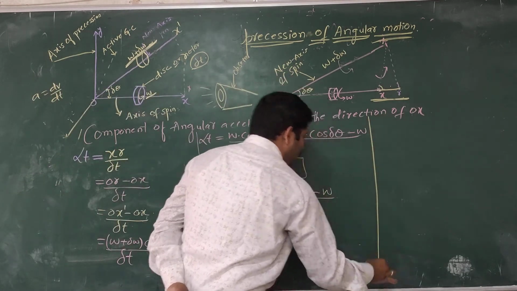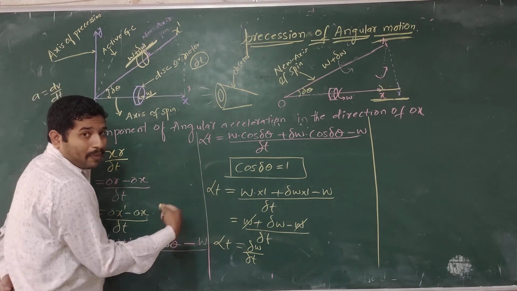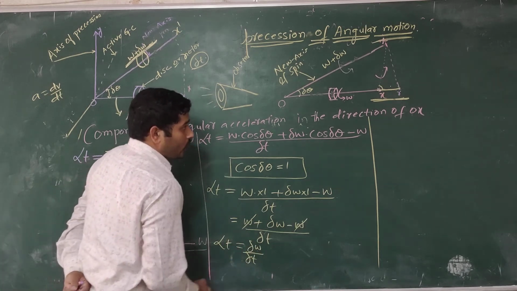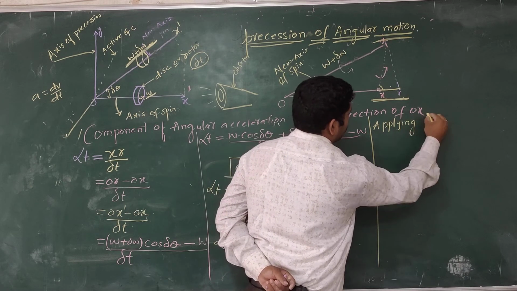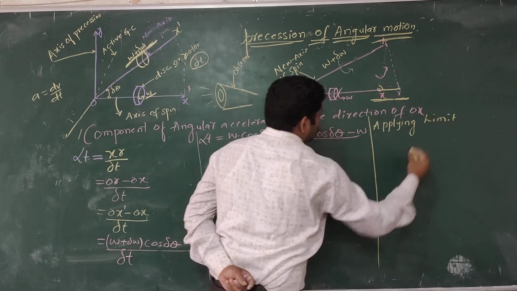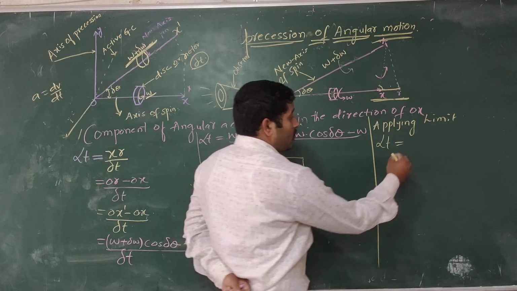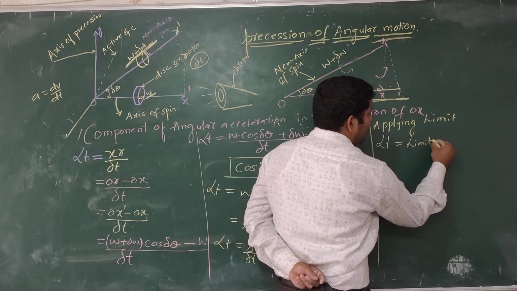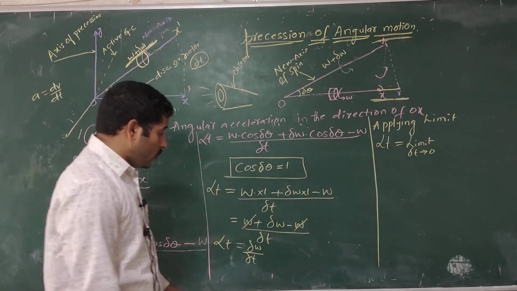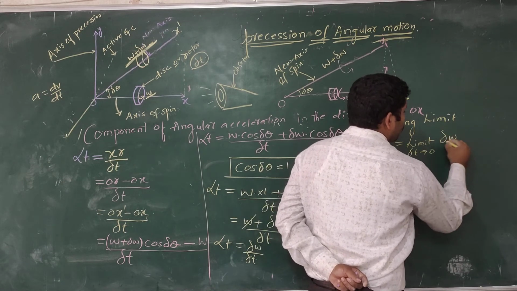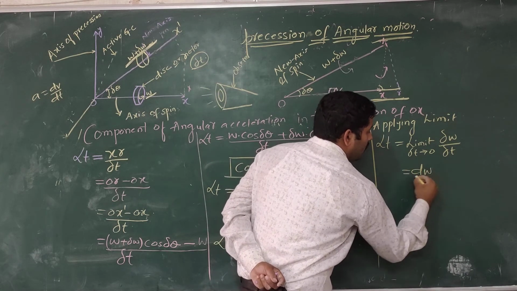Again see over here, up to here. Again we need to apply the limits. Applying the limit, alpha t equals limit delta t tends to 0 of delta omega by delta t, which equals d omega by dt.